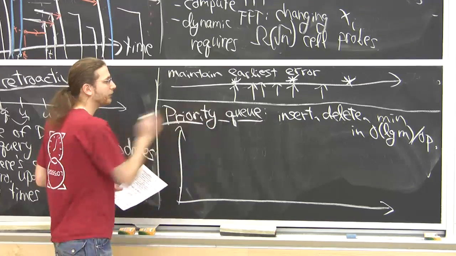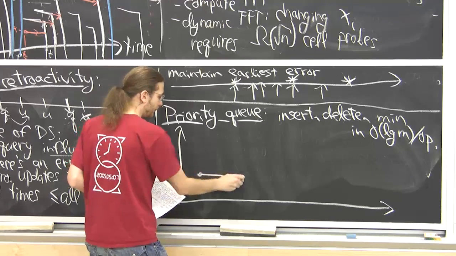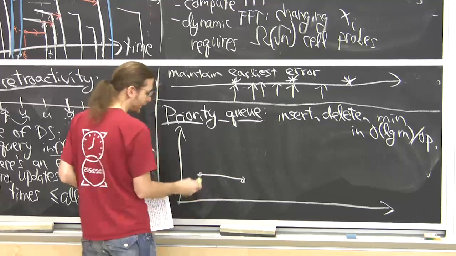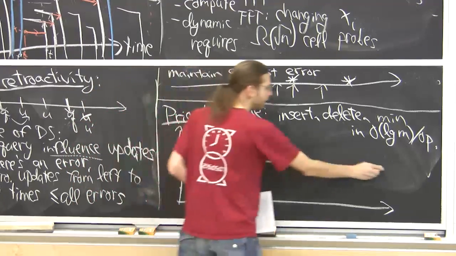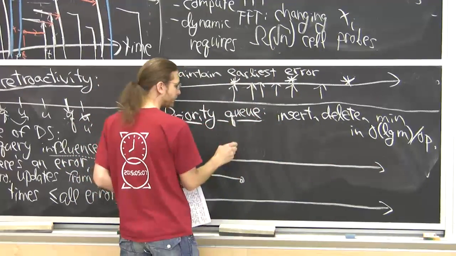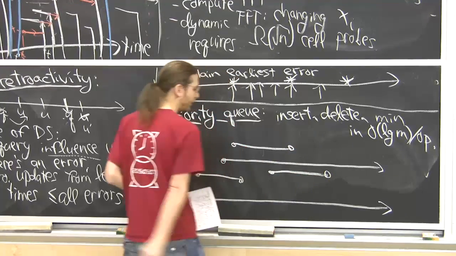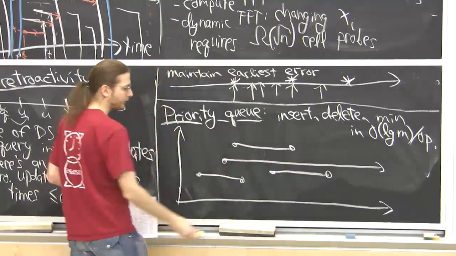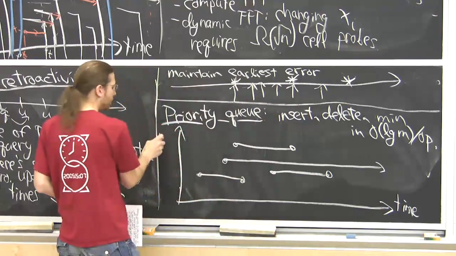So in this new world of insert, delete, and min, slightly more general, if you look at an item, it gets inserted at some time, might get deleted at some time. Sometimes it might go off to infinity if it never gets deleted. Okay, this is our new picture of the priority queue over time. So again, this is the time axis, and this is the key value.